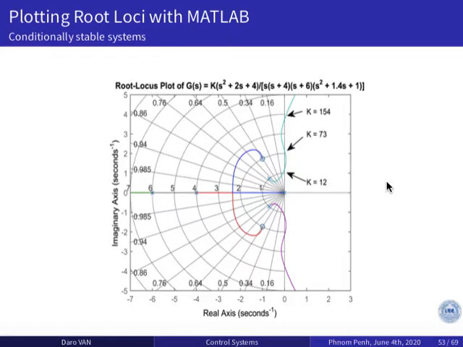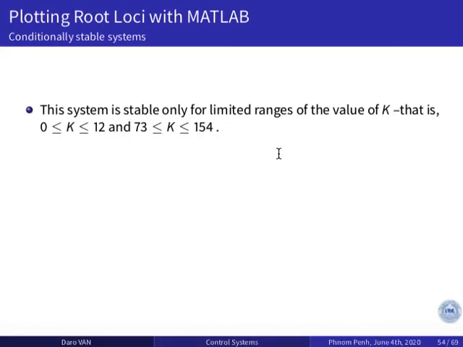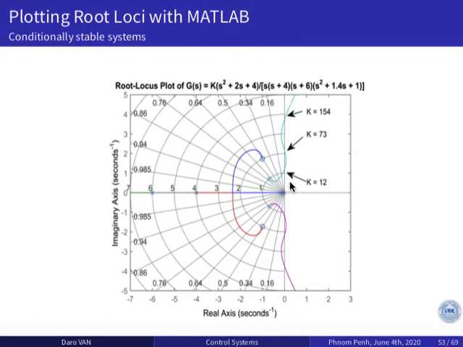So what does it imply? It says that the system is stable only for a limited range of values of k. For example, in this case, only k in this interval and this interval. When it reaches this interval from 12 to 73, it is unstable.